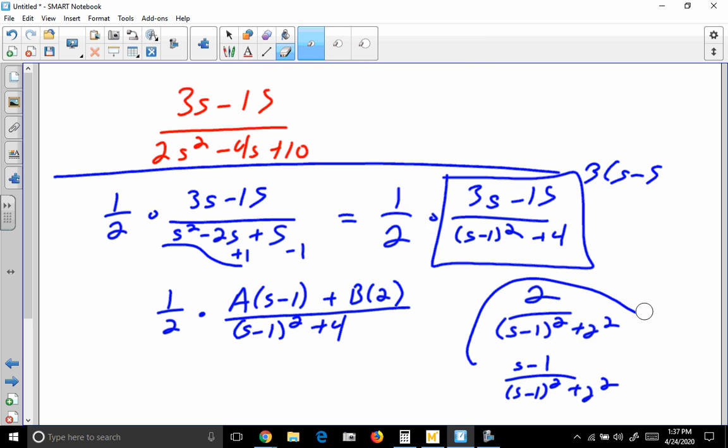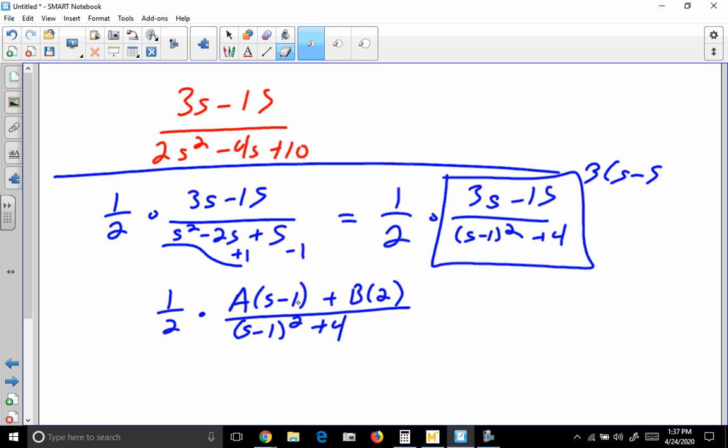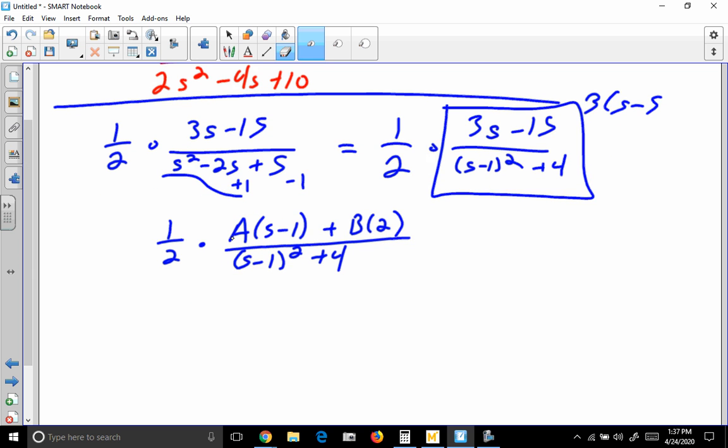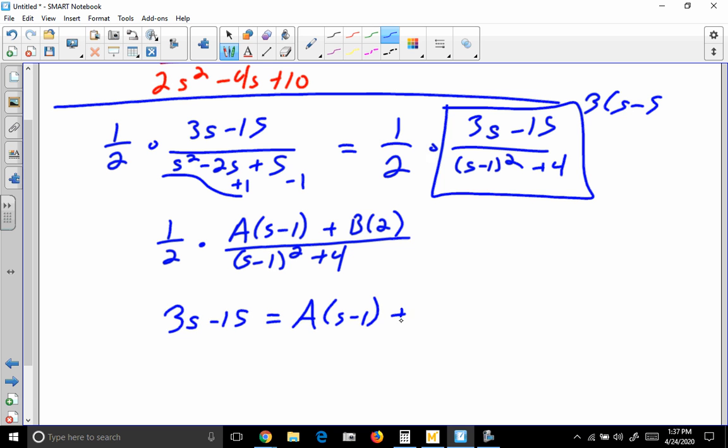Let me erase this here. So for these two fractions to be equal, the denominators are the same, so we want to make the numerators equal. So how is 3s minus 15 going to be some s minus 1s and some 2s?